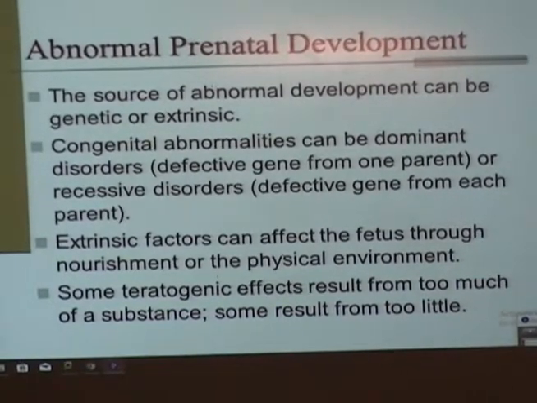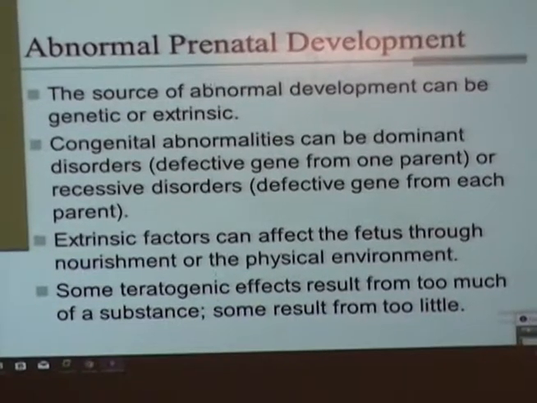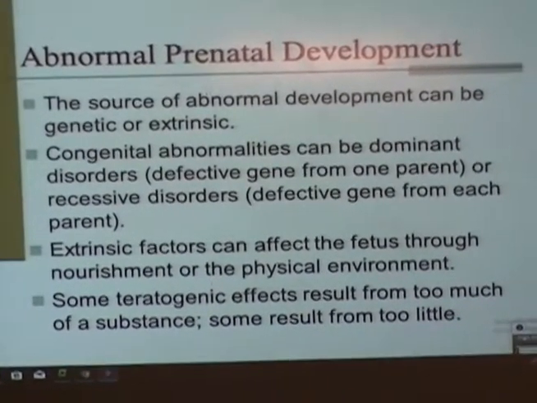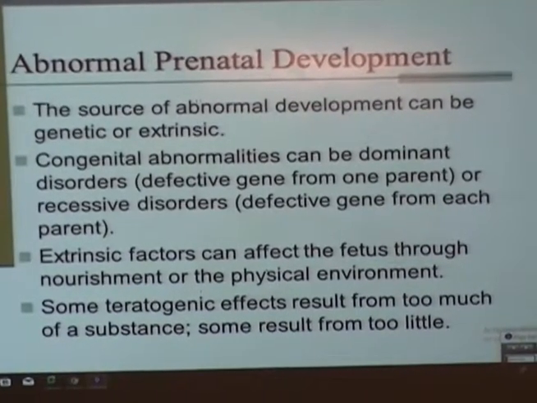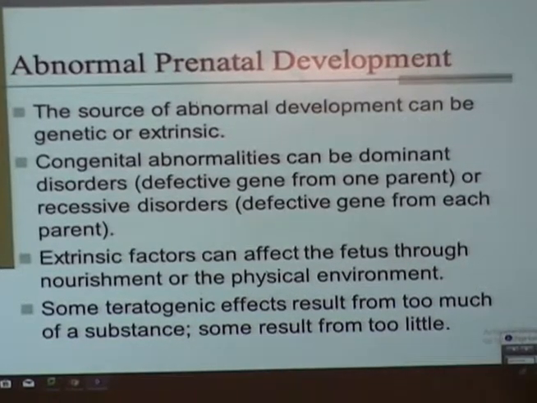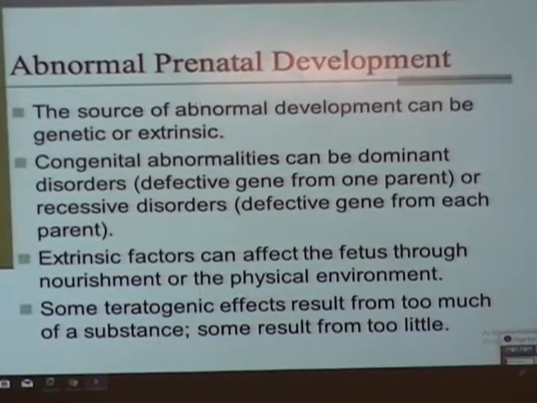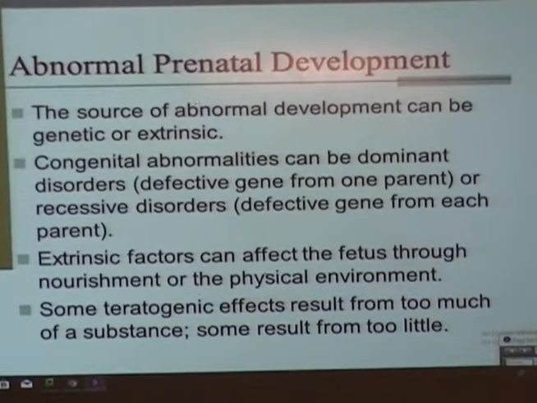So, the genetic abnormality can be something that is carried by the parent, right? Or it can be, sadly, a genetic mutation at the point that the egg and the sperm join.